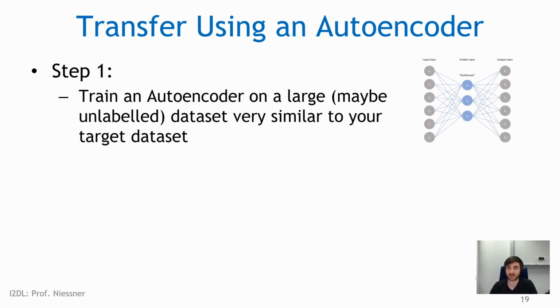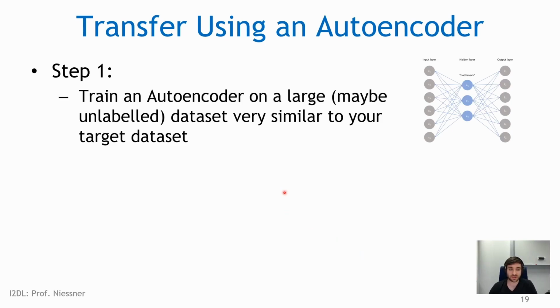Now that we went through the definition of an autoencoder, let's see how we can use it for transfer learning. The idea is pretty straightforward. As a first step, we train one of these autoencoders on a large unlabeled dataset. This dataset could be quite similar to our target dataset, just without any labels.